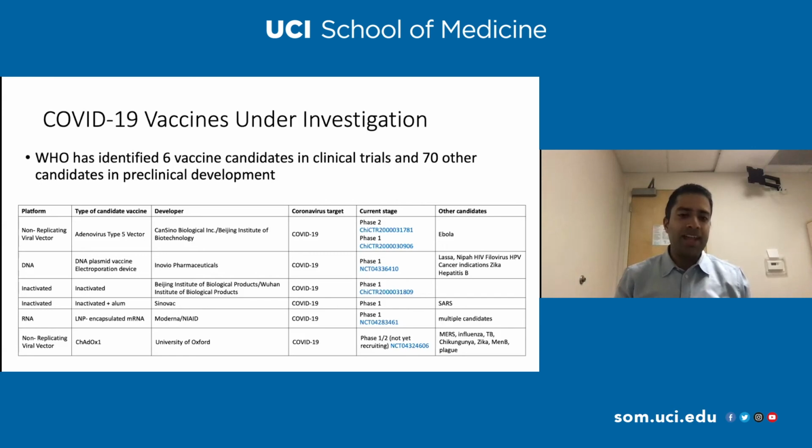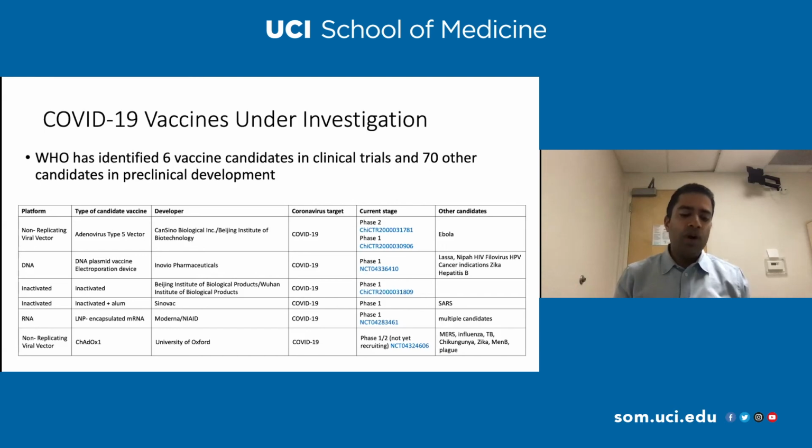One of the challenges is that in many parts of the country you have spread of the virus, but you're not in a crisis situation like New York, where the virus is spreading uncontrollably. It's hard to recruit enough patients to show a real difference between the patients who got the vaccine and patients who didn't. You need a very large number of patients, and that takes time. So usually phase 3 would take the longest time.